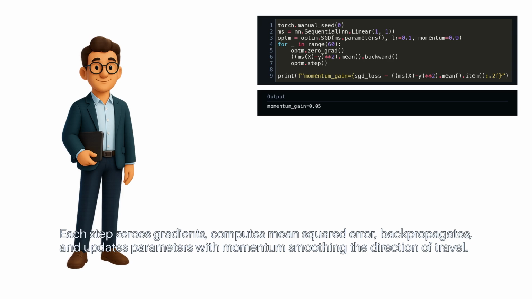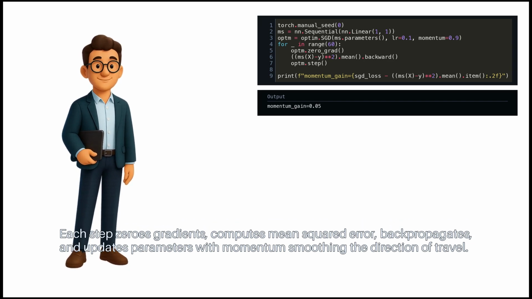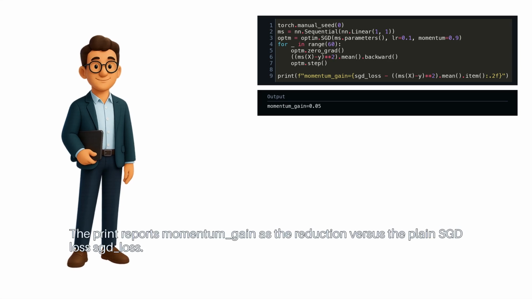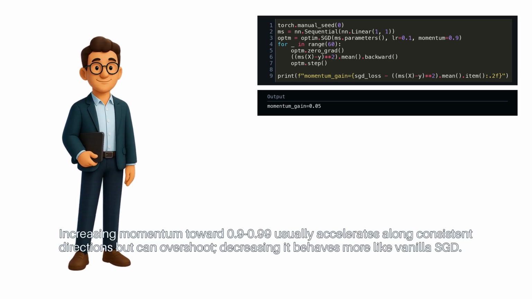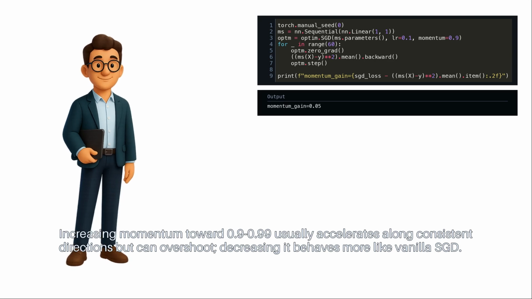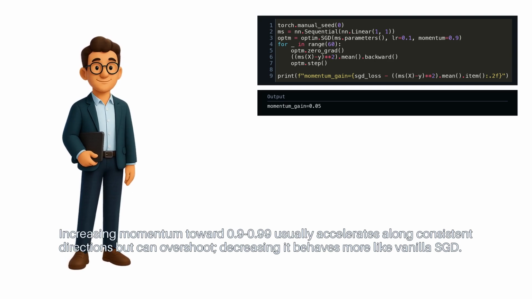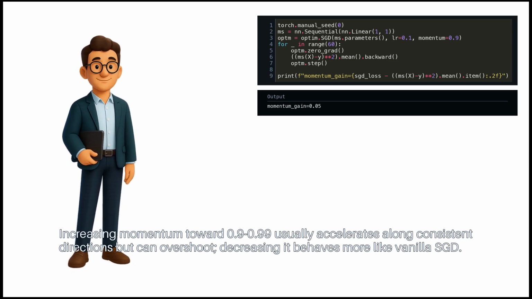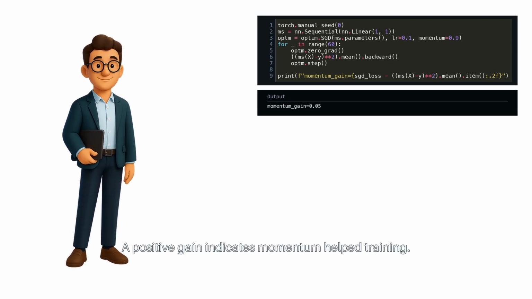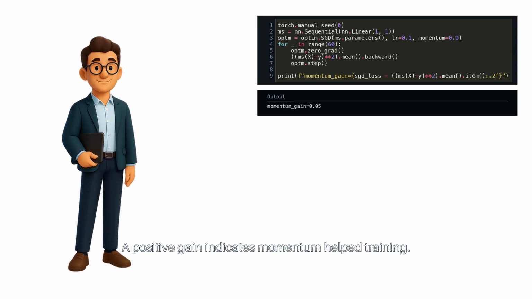Each step zeros gradients, computes mean squared error, backpropagates, and updates parameters with momentum smoothing the direction of travel. The print reports momentum gain as the reduction versus the plain SGD loss. Increasing momentum toward 0.9 to 0.99 usually accelerates along consistent directions, but can overshoot. Decreasing it behaves more like vanilla SGD. A positive gain indicates momentum helped training.